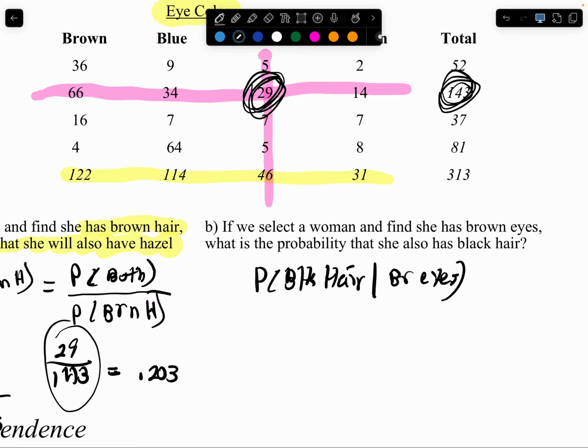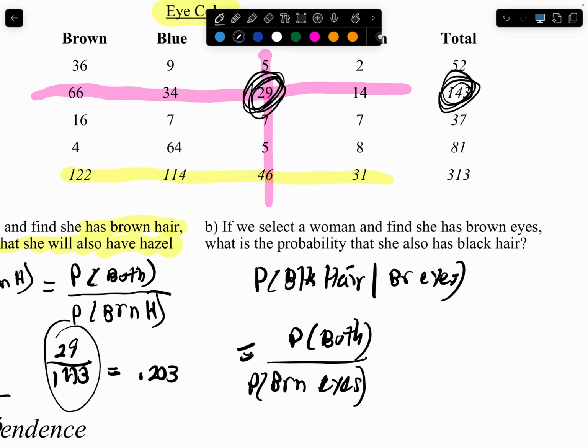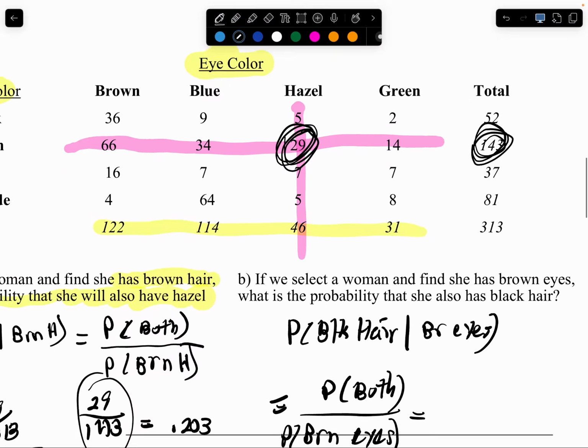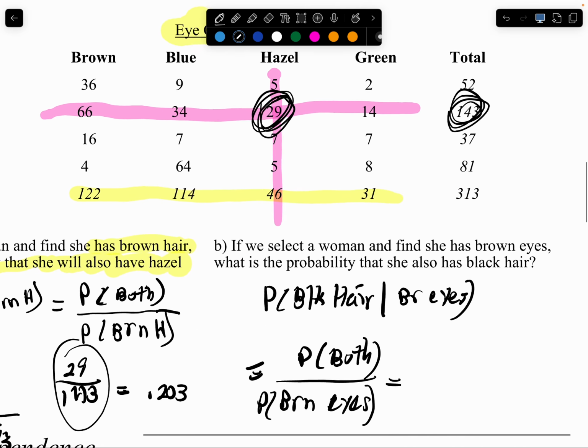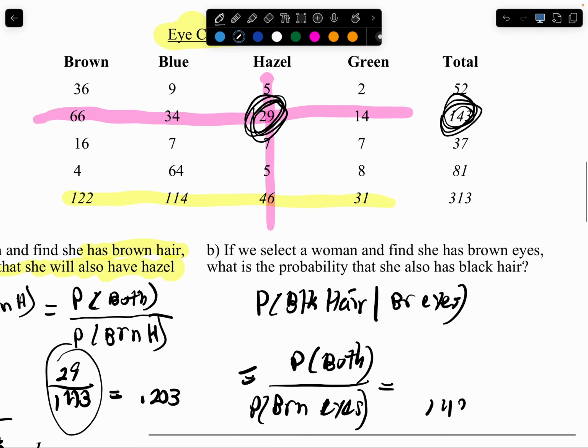That's equal to the probability of both over just the brown eyes. Probability of brown eyes, we already know, is 143.